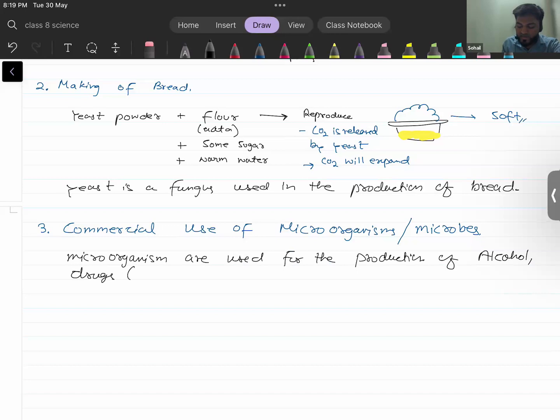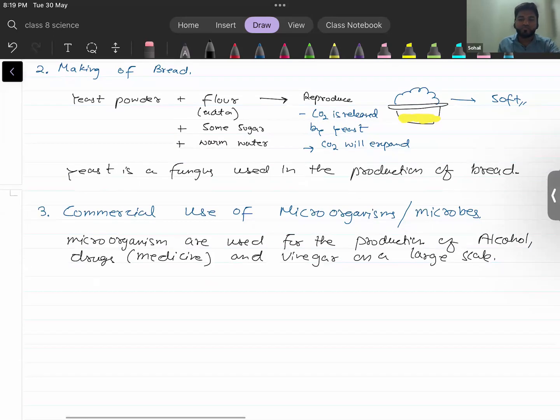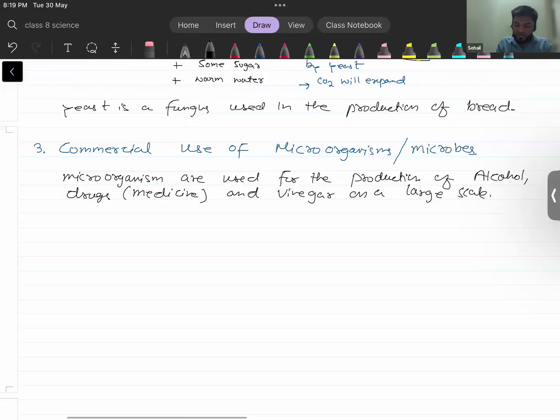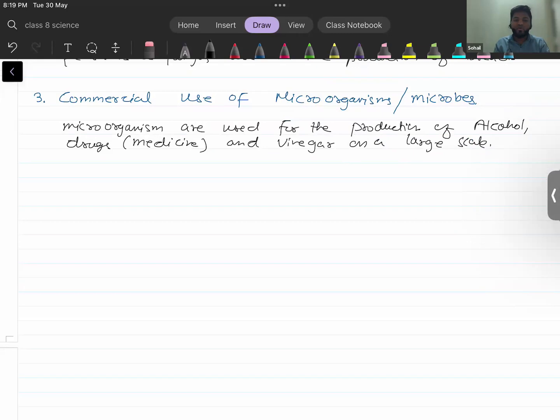By drugs, I mean medicine here. Medicines are also called drugs. Medicine and vinegar on a large scale. So let's discuss each of the steps which go on here.